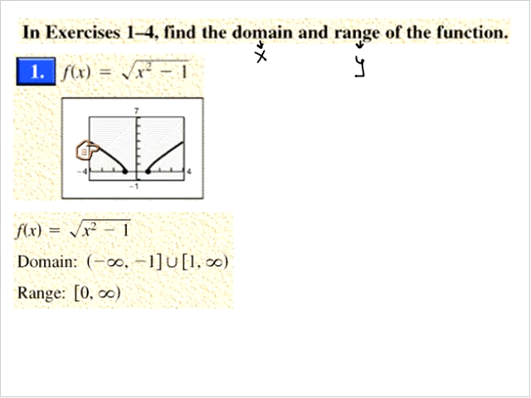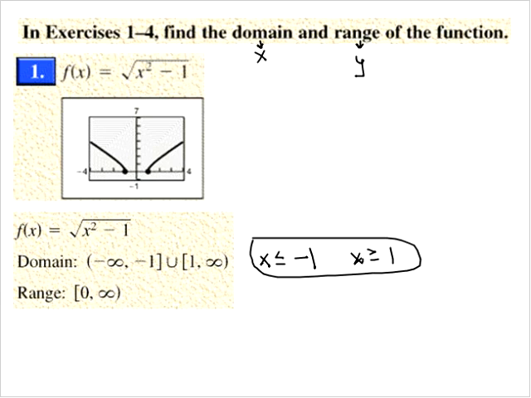So if I start out by doing that, the domain looks to be, well, I have a negative 1 here. So x is less than or equal to negative 1, and x is greater than or equal to positive 1. So I can state the domain that way, or you can do negative infinity to negative 1 and 1 to infinity.